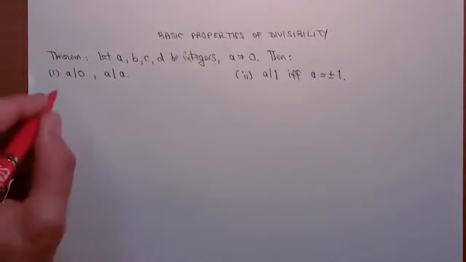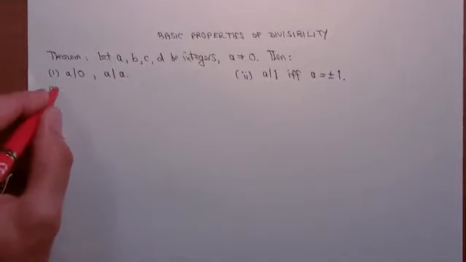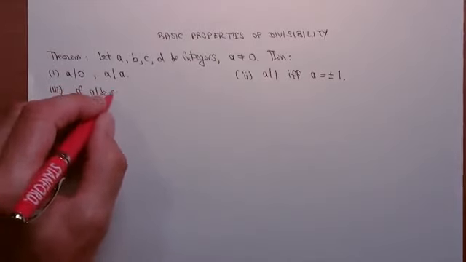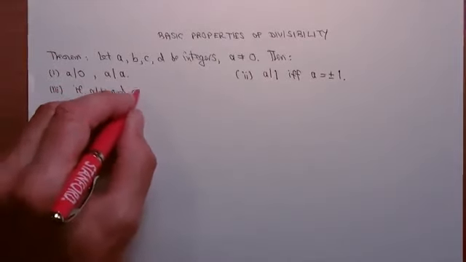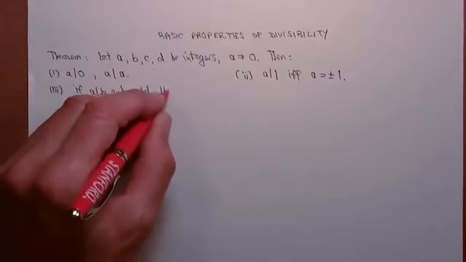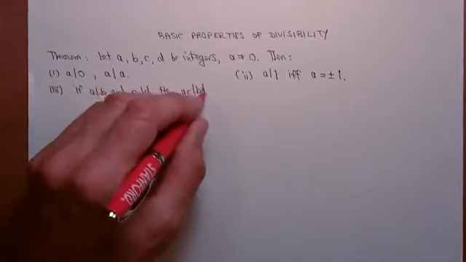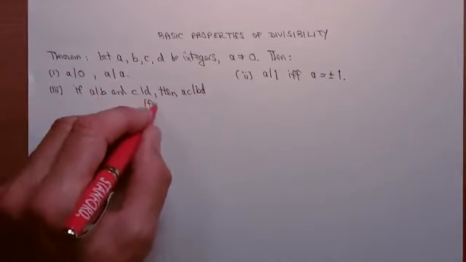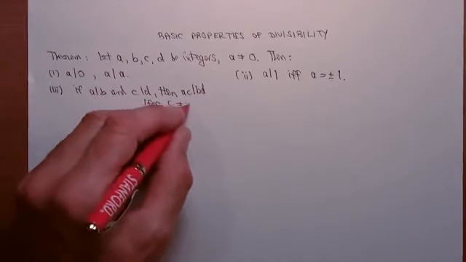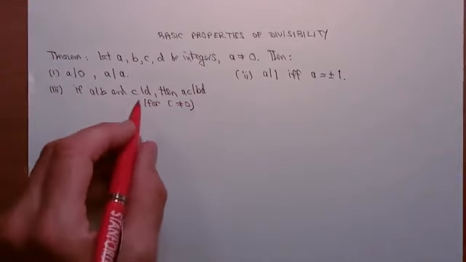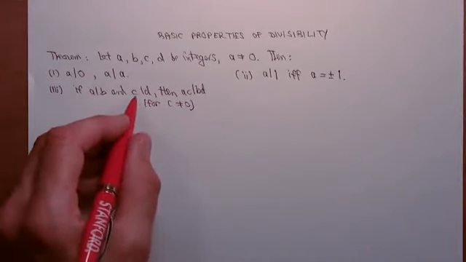3, if a divides b and c divides d, then ac divides bd. This is under the assumption c is non-zero, because we can't have divisibility by 0.